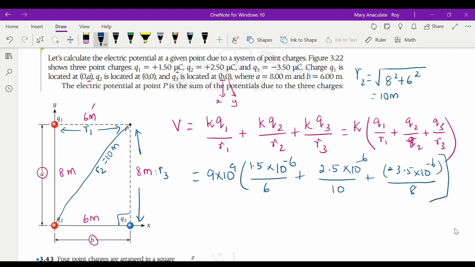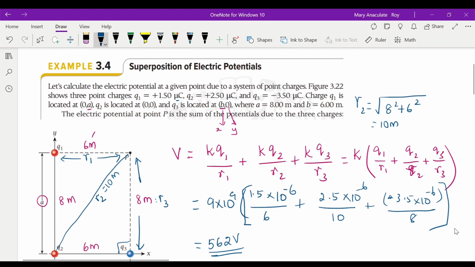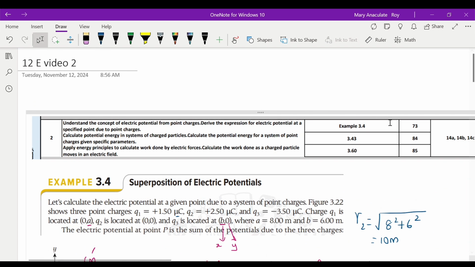So all this you will have to feed in your calculator and get the right answer. When you calculate, you should be getting 562 volts. So that's example 3.4 that's mentioned in the book.